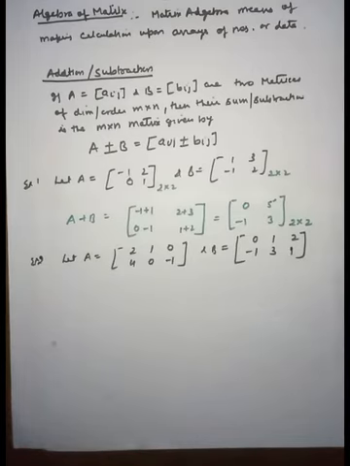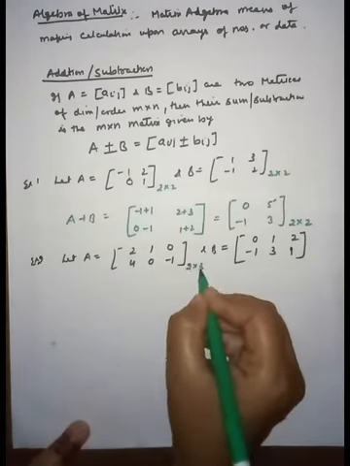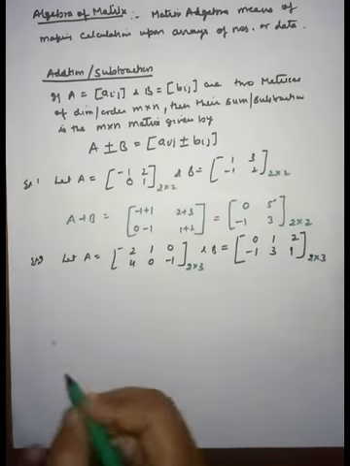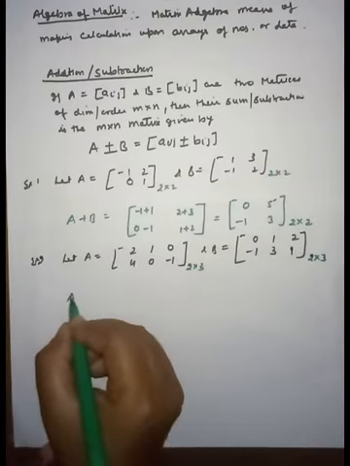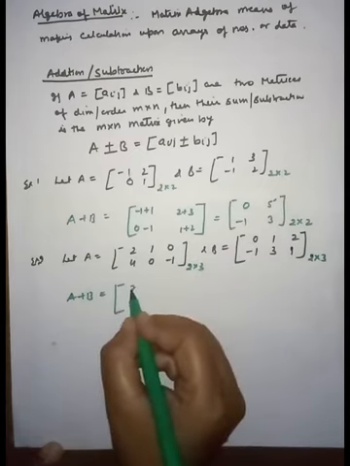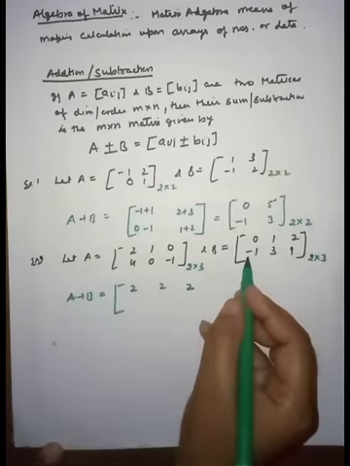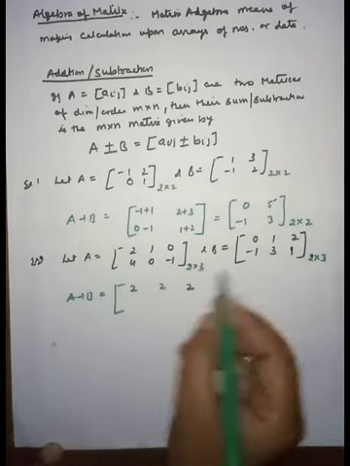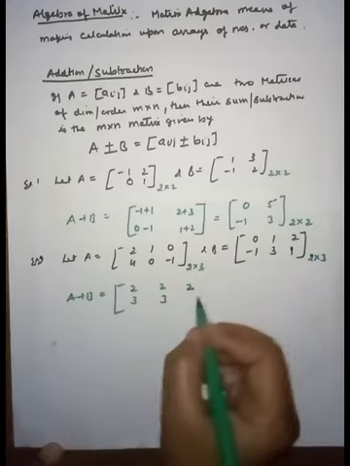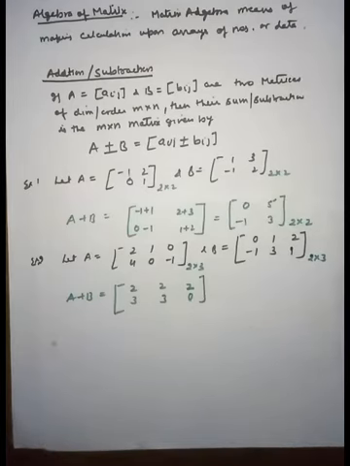Now you see friends, in this case the matrix order is 2 rows and 3 columns, and this matrix order is the same, 2 cross 3. Now if you want to add A plus B, this value comes 2 plus 0, it means 2; 1 plus 1, 2; 0 plus 2, 2; 4 minus 1, it means 3; 0 plus 3, 3; minus 1 and 1, it means 0. So this value comes A plus B.